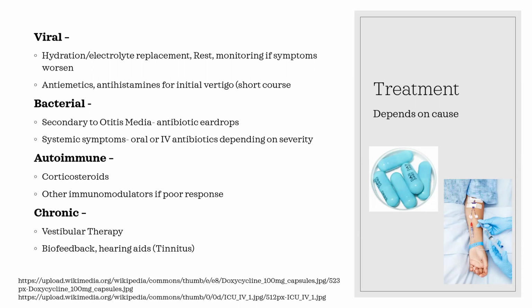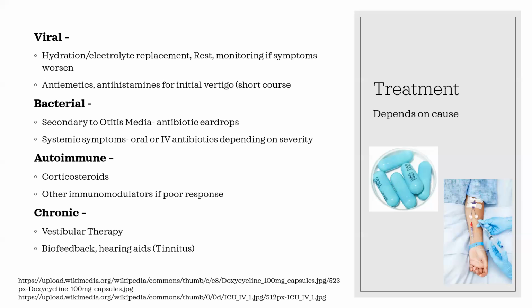In bacterial meningitis, when the infection of the inner ear is secondary to a middle ear infection, it's important for antibiotics to be administered through eardrops into the outer ear canal, because treating both sites of infection is going to be important for fully recovering from the disease.